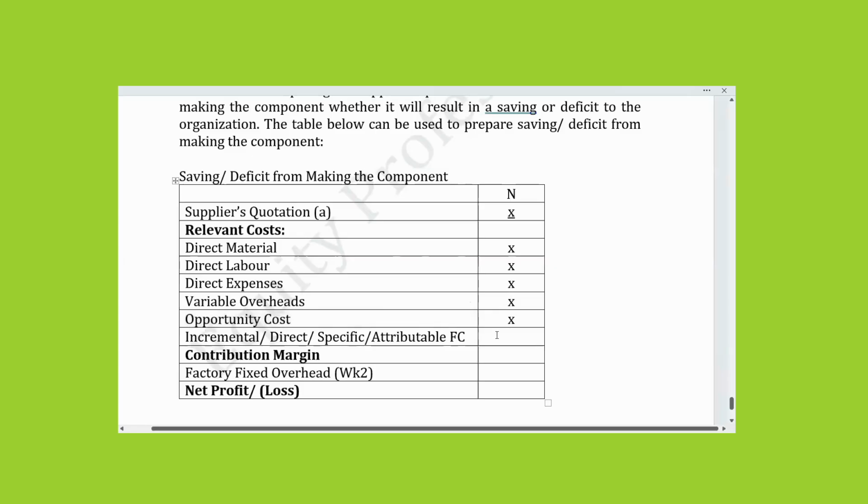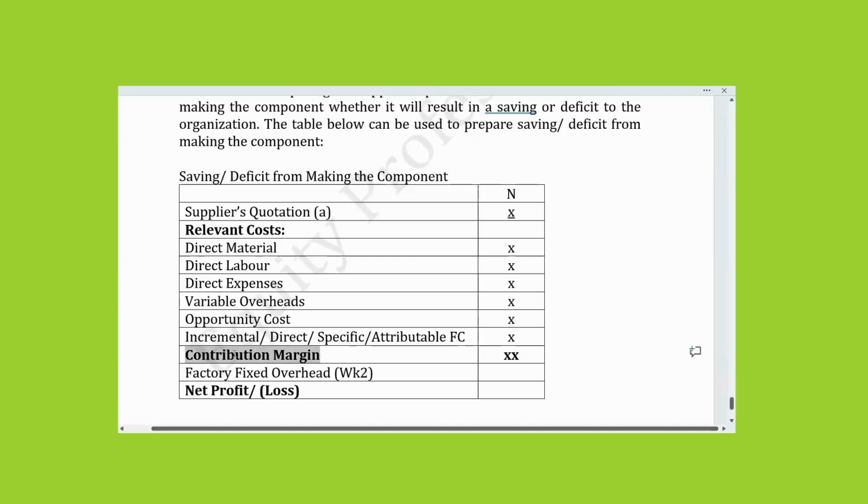Any relevant cost, irrespective, provided the cost is relevant to the component, then you have to consider it. You then add up everything together. So this will give you total relevant cost.